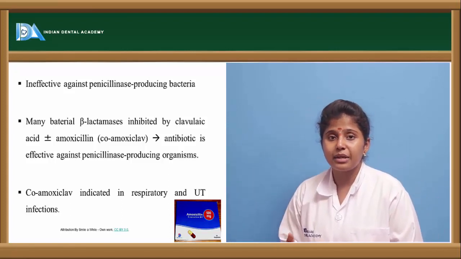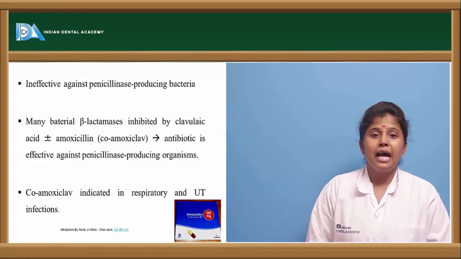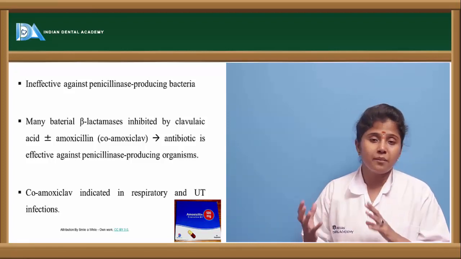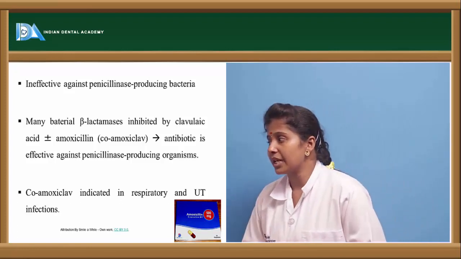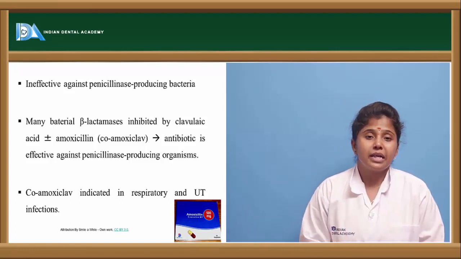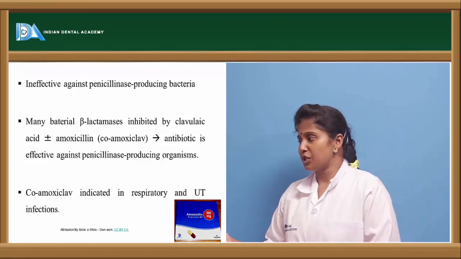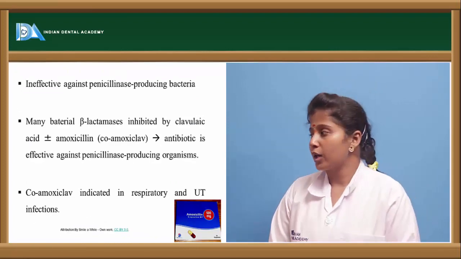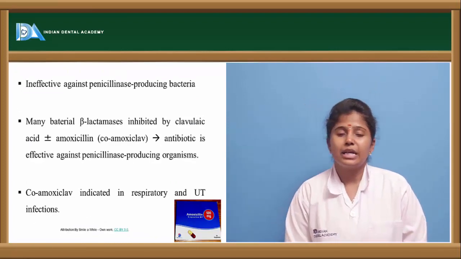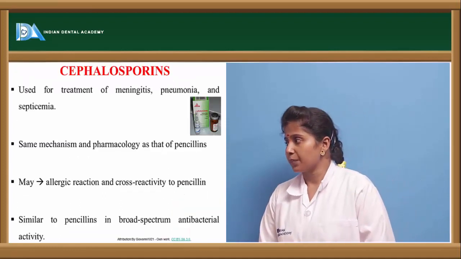Beta-lactamase enzymes are inhibited by drugs like clavulanic acid with amoxicillin. This combination is very useful to inhibit beta-lactamase, and thereby it shows a better antibiotic effect in penicillin resistant species. This combination of co-amoxiclav is very useful to treat respiratory as well as urinary tract infections.